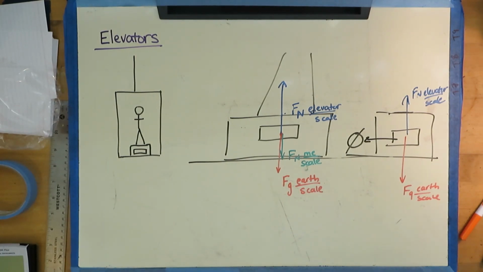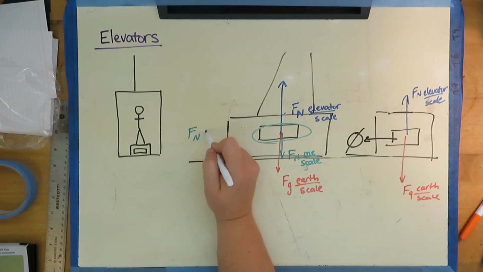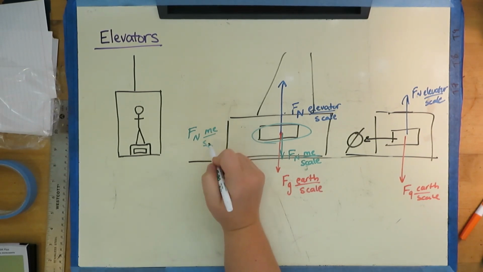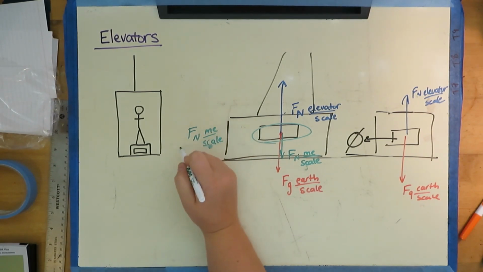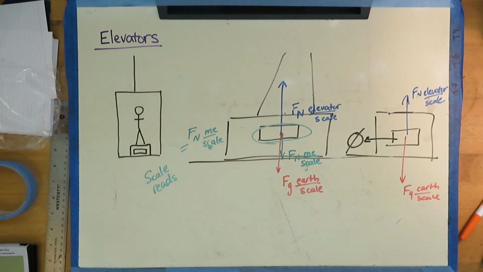So then all that's going to be measured by this scale is essentially the normal force of me on the scale. That is what the scale reads. So the scale doesn't read our weight. The scale reads the normal force of me pushing on the scale.